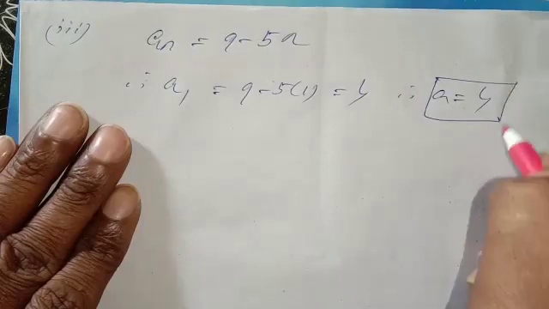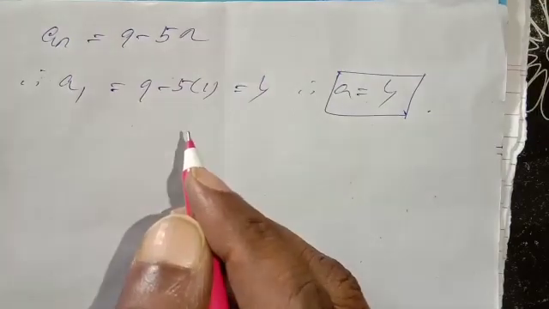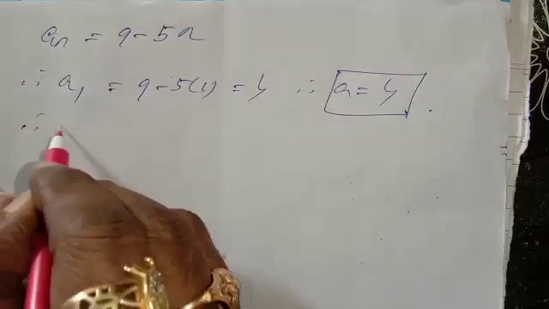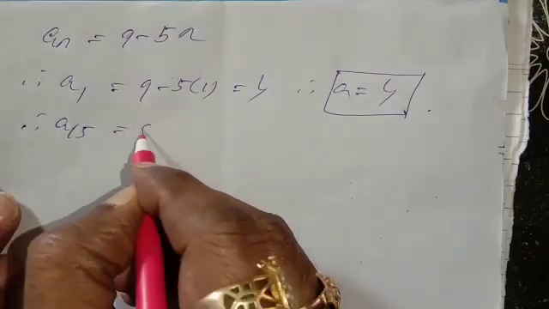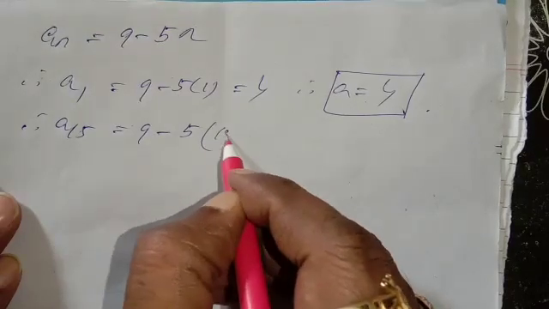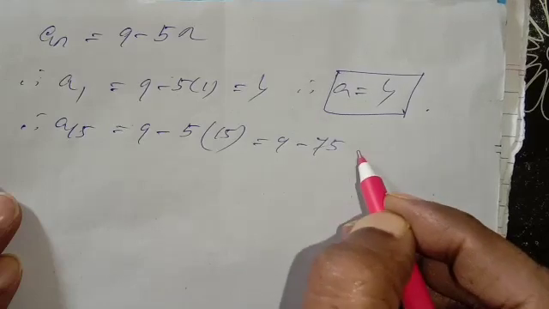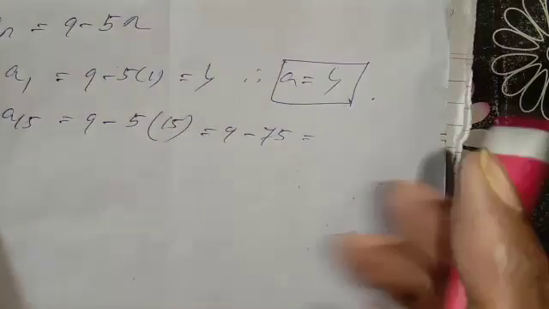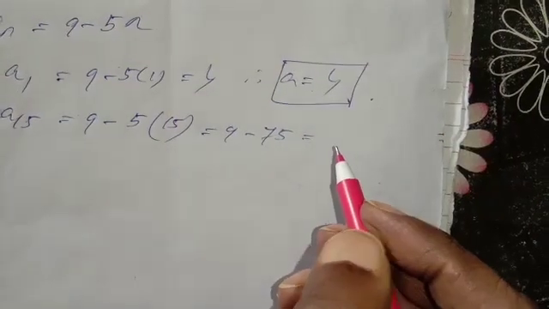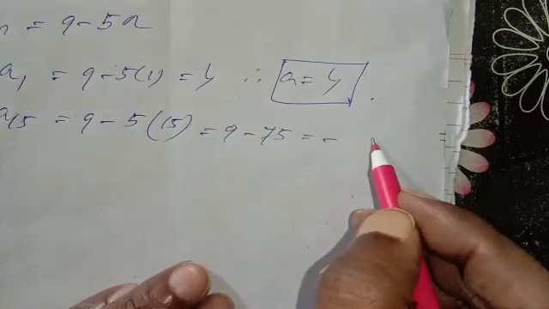After that you have to find the 15th term, the last term of the series. For a15, n is replaced by 15: 9 minus 5 into 15, that is 9 minus 75, which comes to minus 66.